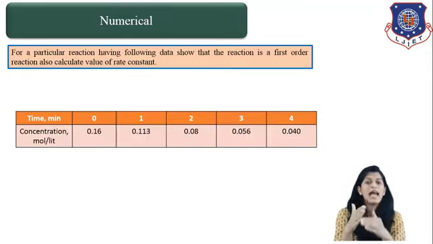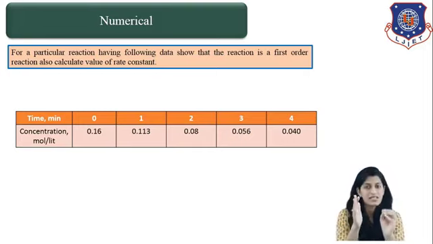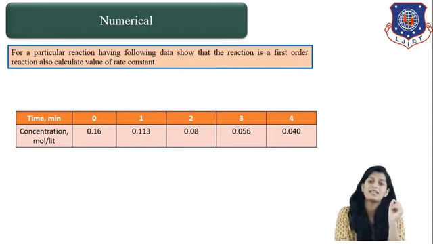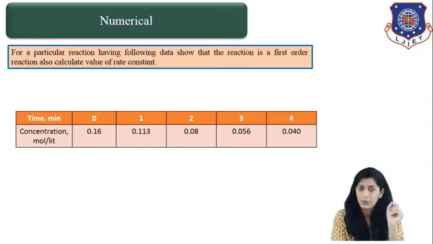Whatever concentration you have before the reaction starts is the initial concentration. So at t equals 0, whatever value of concentration has been provided is considered the initial concentration, and it is denoted as Ca0, right?